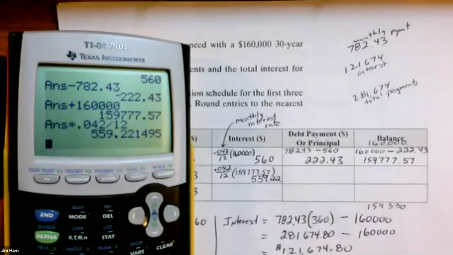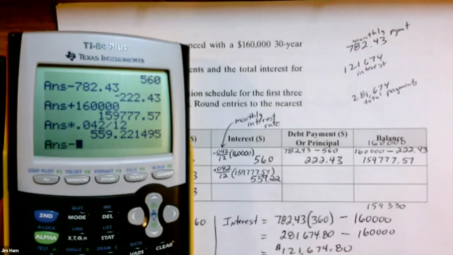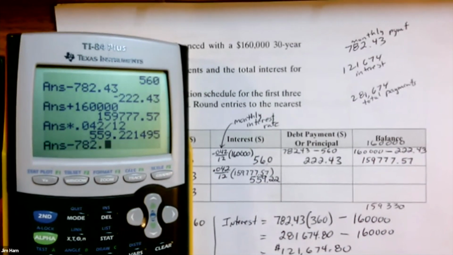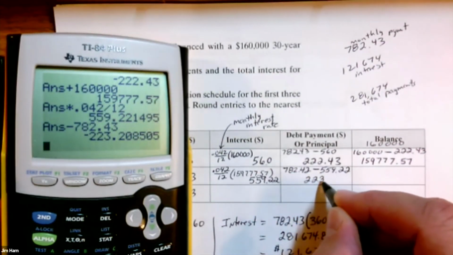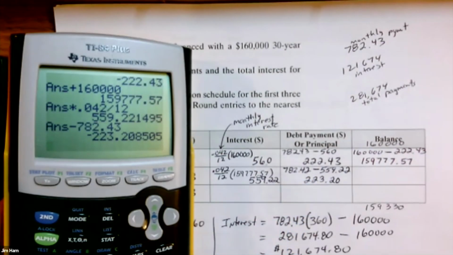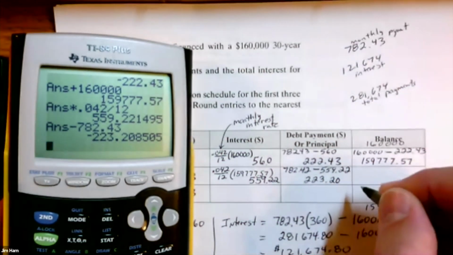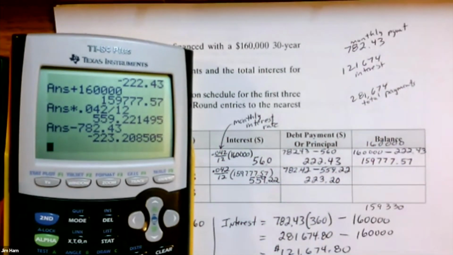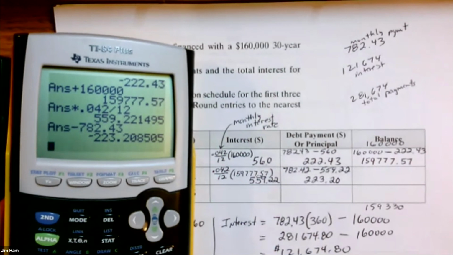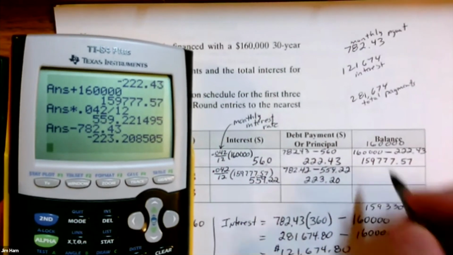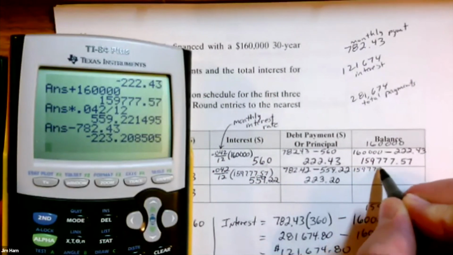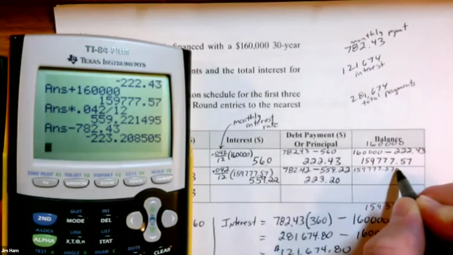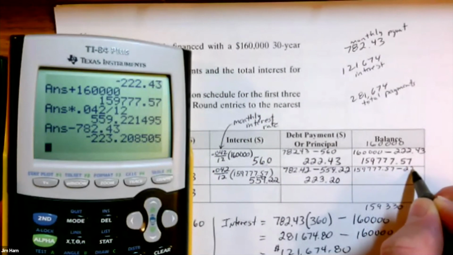All right, and then we're going to subtract this from our payment, 782.43, and that's going to give us 223 point, looks like it should be 21, but I'll just leave it that way. And then we take the previous balance, which was 159,777.57, and subtract again the principal.